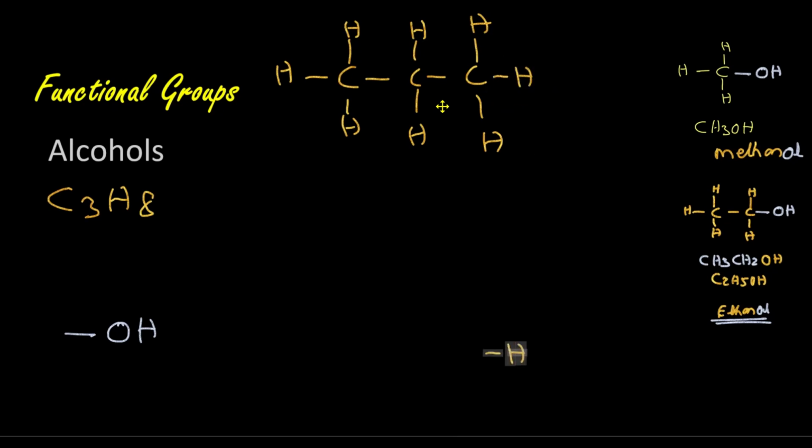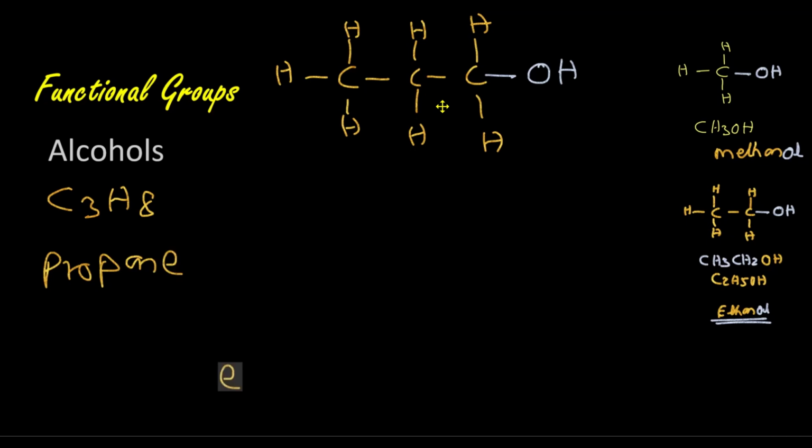This hydrogen will be substituted by this OH over here, and the compound will change now. It was propane, and as I said, this E will be displaced by OL, and the compound will now be called propanol.